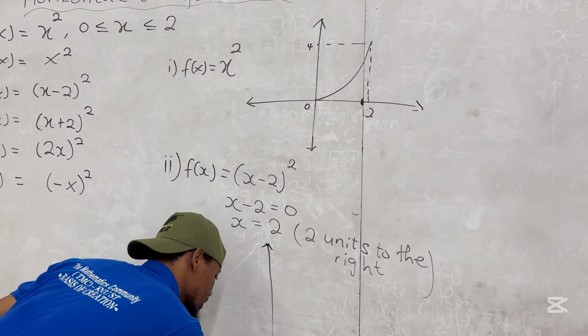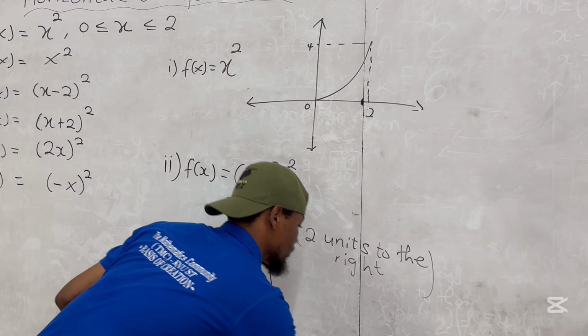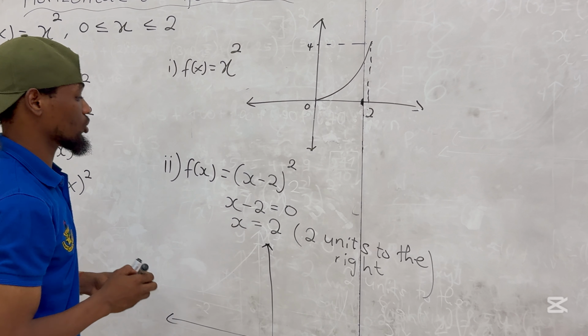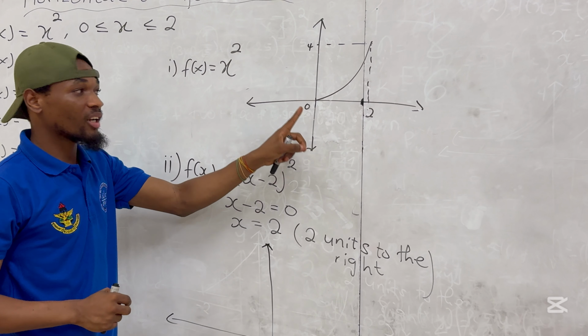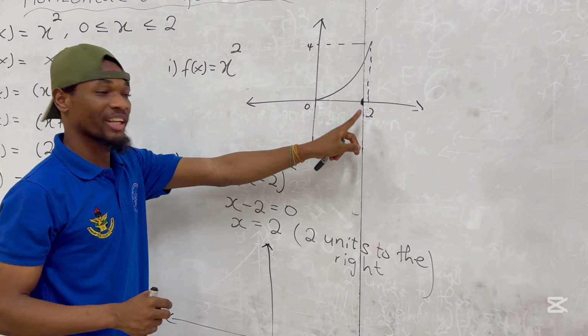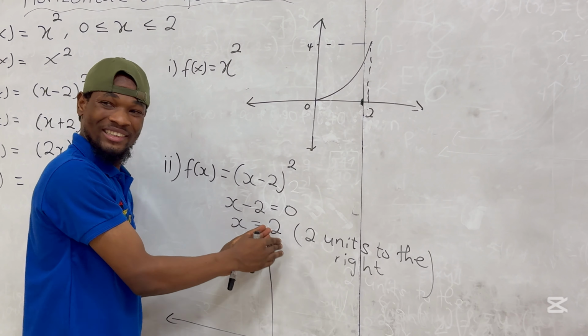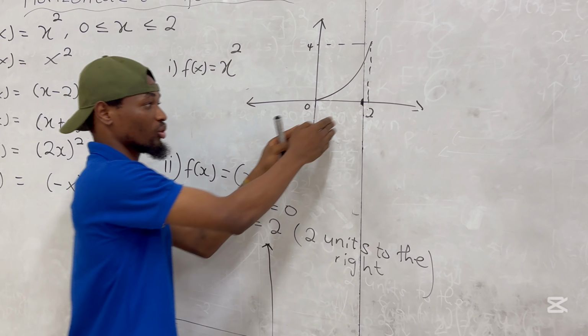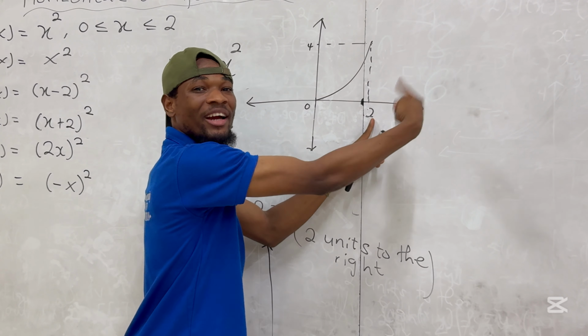So I have it this way. This is the original graph, 0 then to 2, because the shifting occurs towards this side. That means this is going to increase by a magnitude of 2.